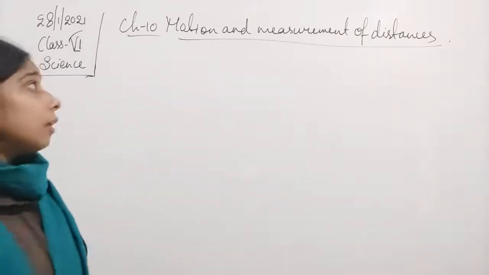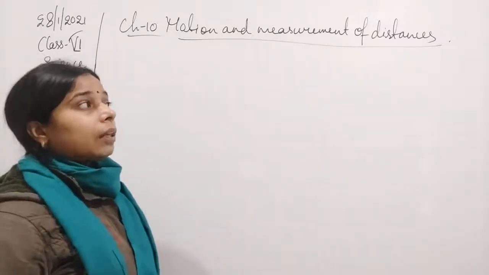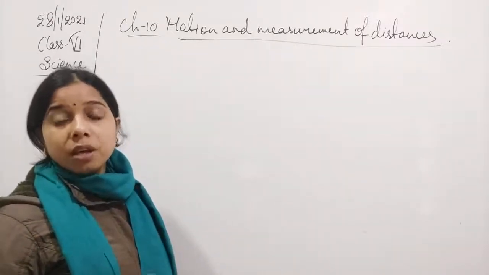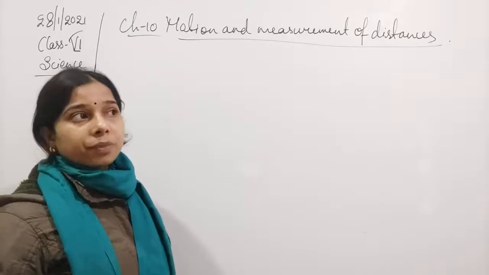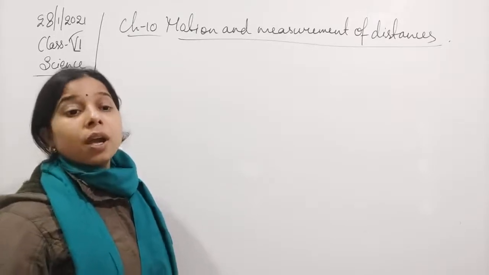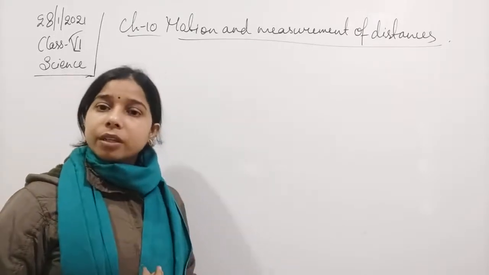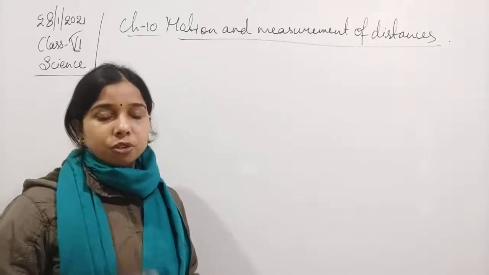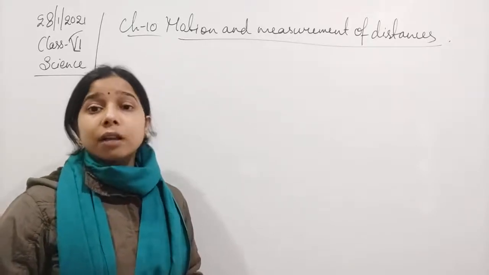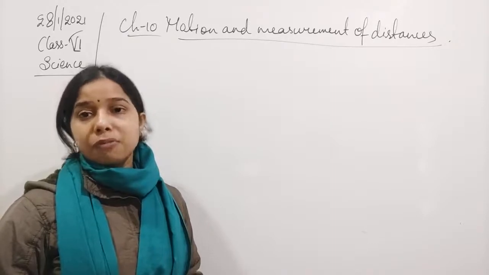Now, we have seen a lot of examples which prove that an object can have different kinds of motion. But does every object have only a particular type of motion? No. An object can show more than one type of motion also.